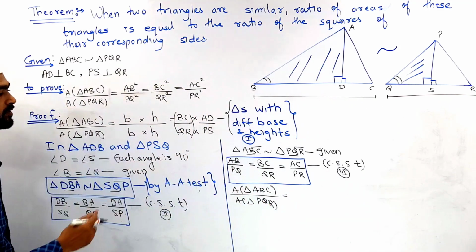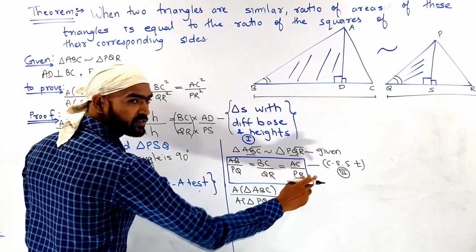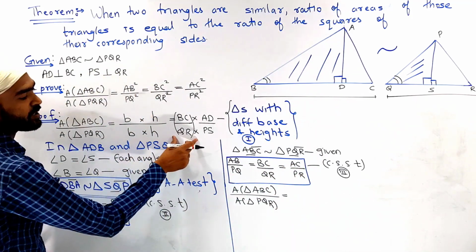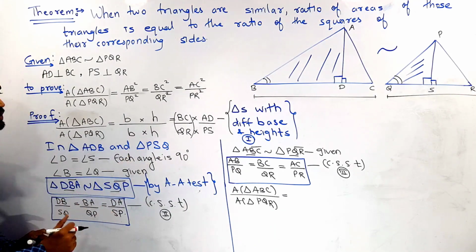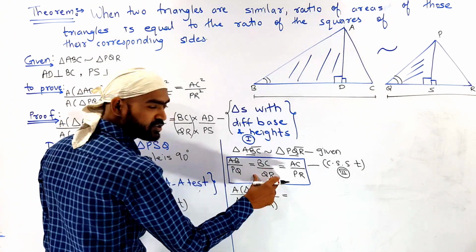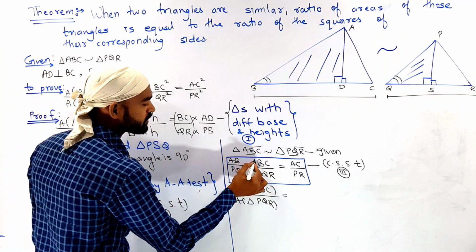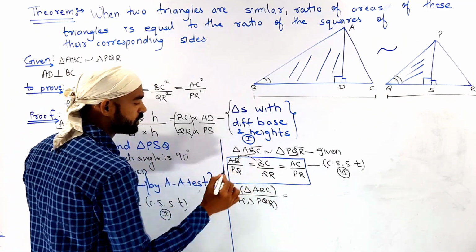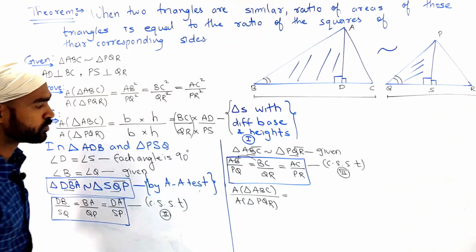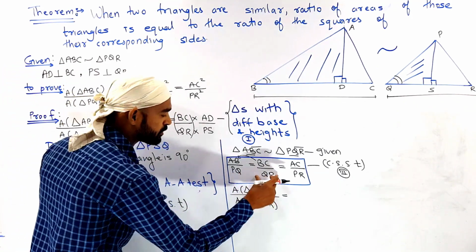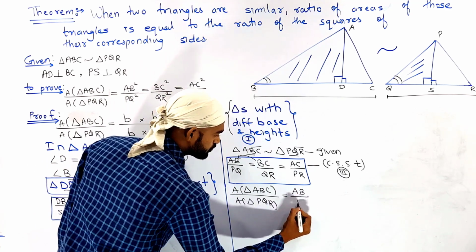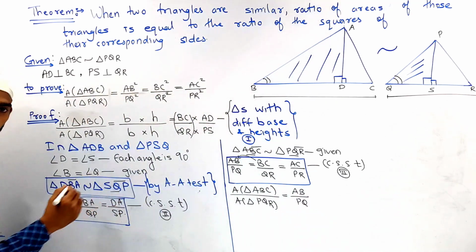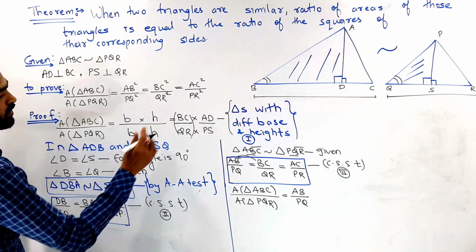Now let us compare 1, 2 and 3. BC upon QR: can you see BC upon QR in equation number 2? Yes, BC upon QR is equal to AB upon PQ. So I can replace BC upon QR with AB upon PQ.